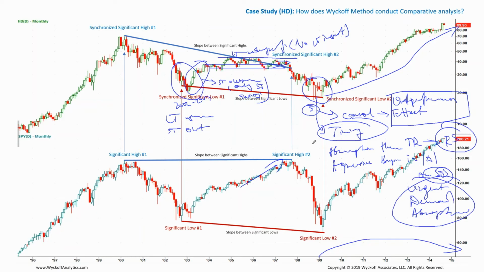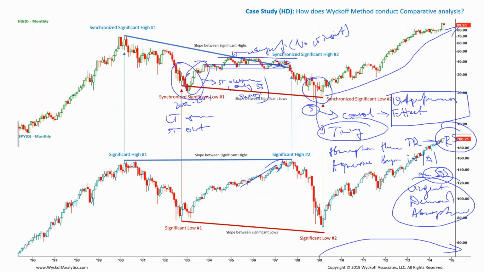So there are two different ways of how institutions get into this position, either slowly throughout this whole trading range, or maybe very quickly, just because there is urgency to be in that stock.